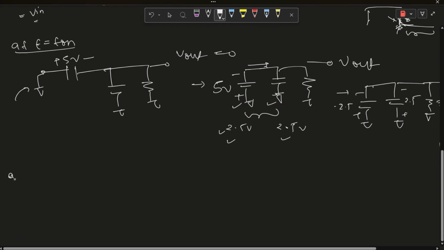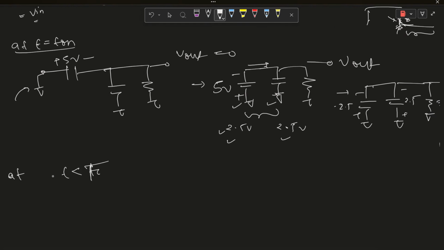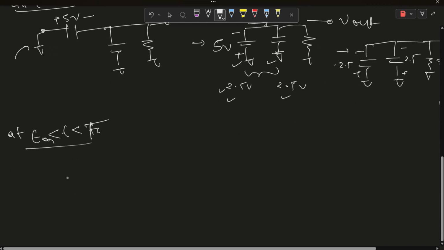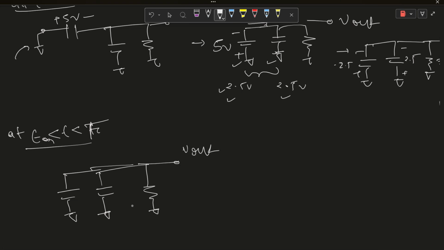And if we see the time frame greater than t on, and we see the circuit, this is the resistance, this is V out. We can see plus minus 2.5 volt. I am showing the minus so you can take the reference.